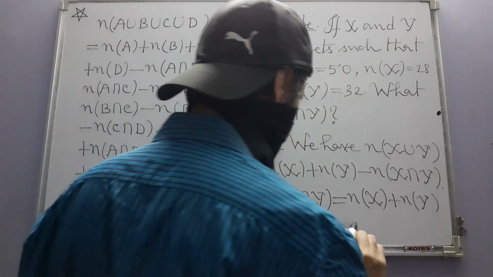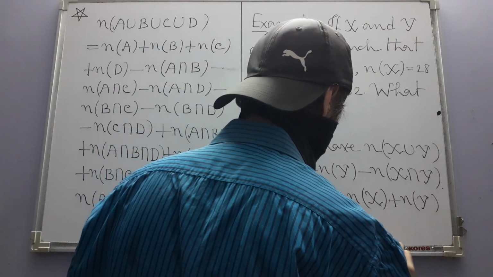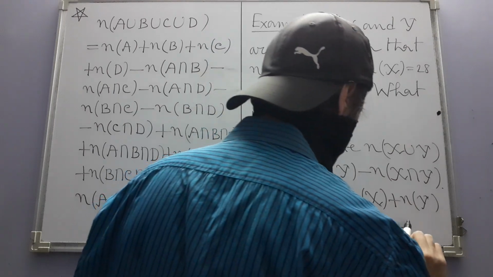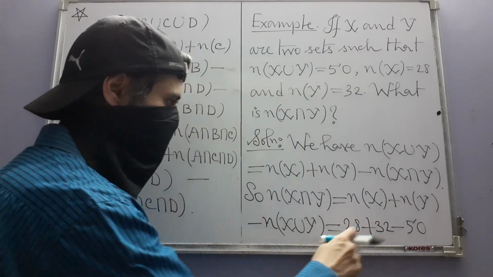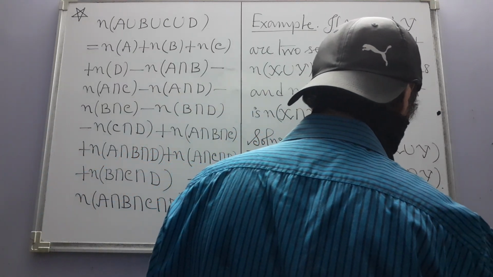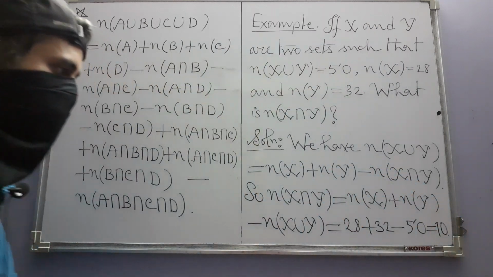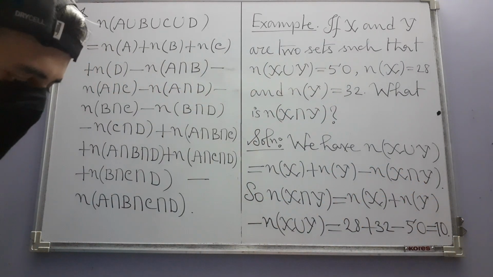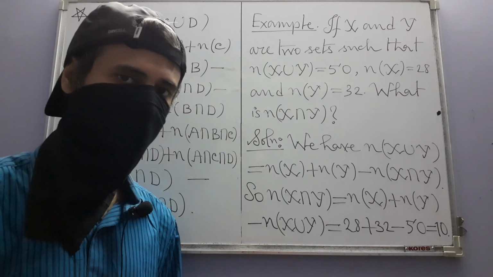That means this is 28 plus 32 minus 50. 2 plus 3 is 5, so that gets cancelled and you have 8 plus 2, 10. Okay, so there are 10 elements in X intersection Y.